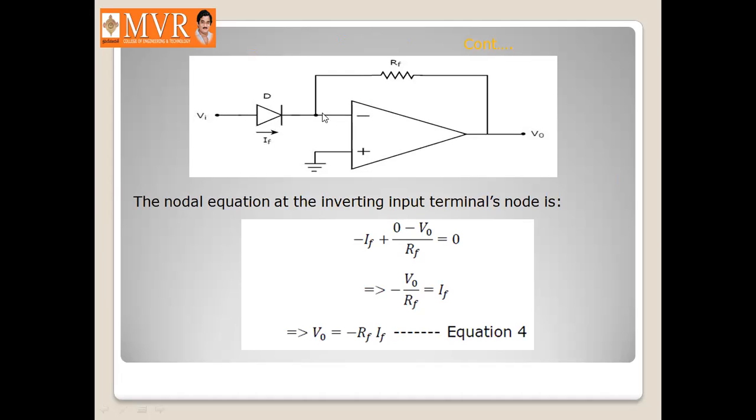For the operational amplifier, the feedback resistor is provided as it is, and in the place of the R1 resistor we are going to place a diode which is forward biased with respect to the input signal.